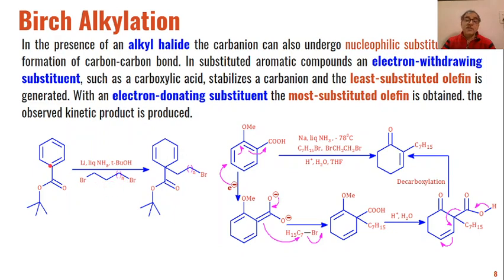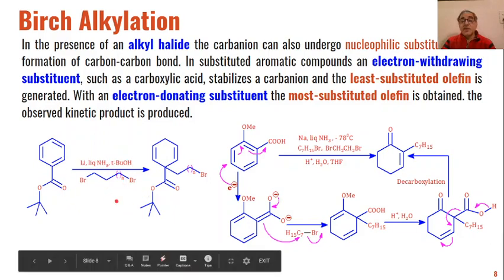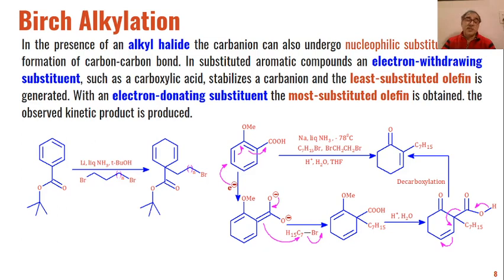So if I react this aromatic system in presence of lithium in liquid ammonia and tertiary butanol in presence of this dibromide, then alkylation of the carbanion formed during the Birch reduction will take place, and this carbon of the alkyl halide will act as a nucleophile, and one of the bromides will be removed, and we will get this type of alkylated product.